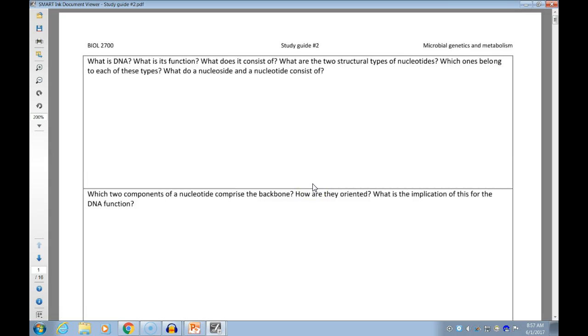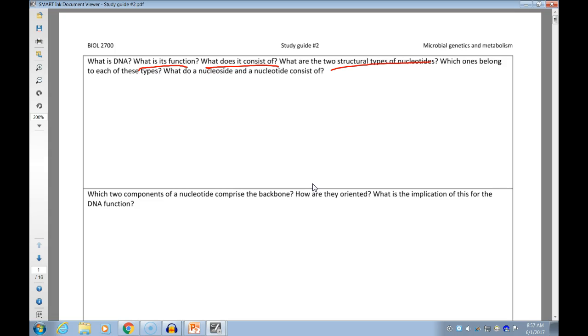DNA, its function: genetic information storage. It consists of deoxyribonucleotides, two types, pyrimidines and purines. Know them, okay? Generally A, U, T. Well, U is a ribonucleotide, but it's still, sorry, not purine, pyrimidine.